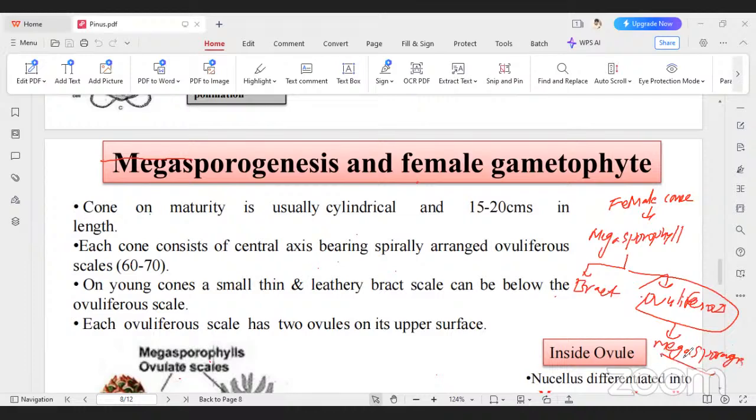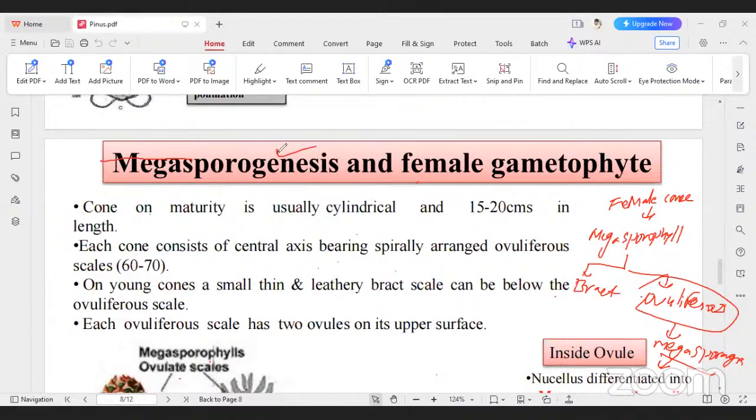Now, what is developed inside the megasporangia or ovule? Megaspores, sir. Right, megaspores. So that production of megaspores is called megasporogenesis.